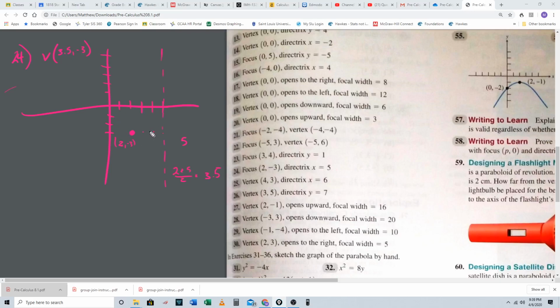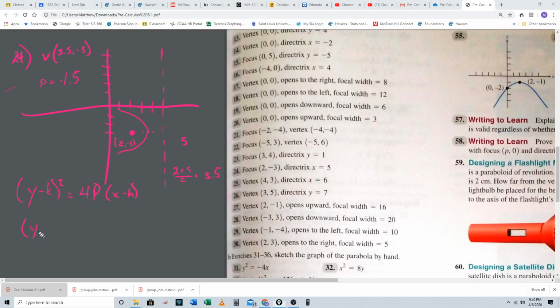And then all I have to do is find the p-value. p is 1.5, because that's the rate of change between here and here, so 1.5. And it's opening up to the left, so p is -1.5. Plugging everything in, since opening left, (y - k)^2 = 4p(x - h). 4 times -1.5 is -6.